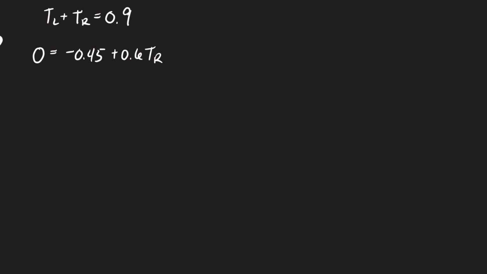I'm probably going to use this one first to solve for TR and get 0.75 newtons. Then I'll plug it in here to figure out TL, and TL's got to be 0.15 newtons. Any questions? We'll see. Try again.